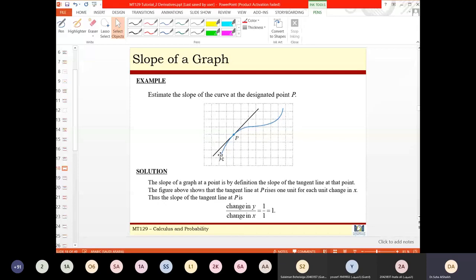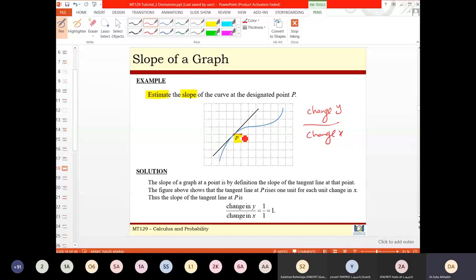For example, you can see this example. You have this curve in blue. The black line here gives me the tangent line at this point. So the question is: estimate the slope of the curve at the point P. This is the point P. To find the slope of this line, we talk about the change in y over the change in x.